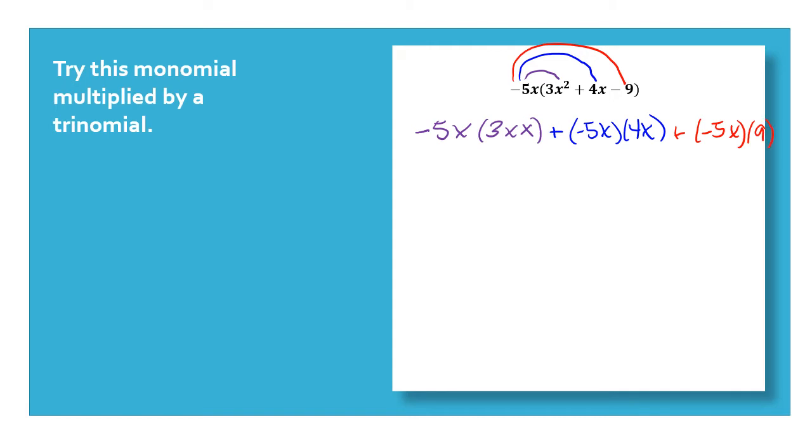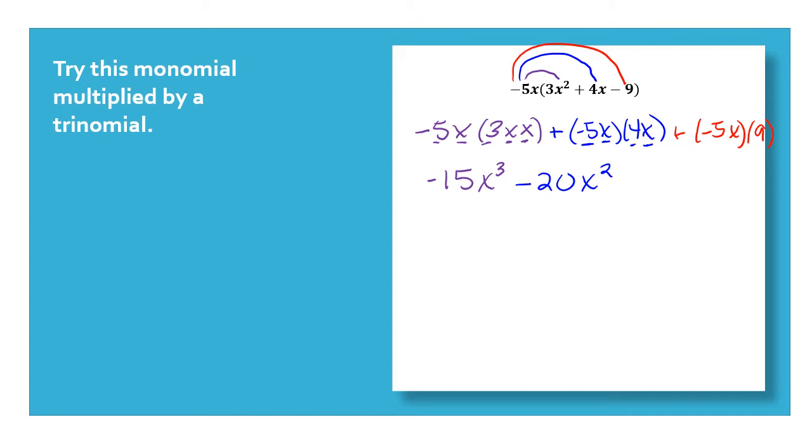Okay, so when I do negative 5 times 3, I get negative 15, and I have x times x times x, so that's 3 x's, so x cubed. Next, I have a negative 5 times 4, that's negative 20, and I have x times x, so x squared.